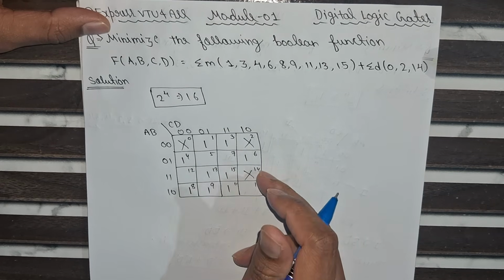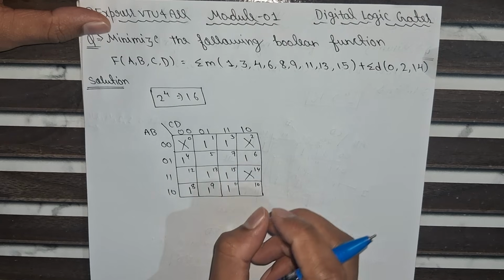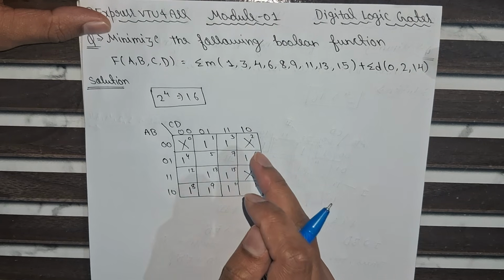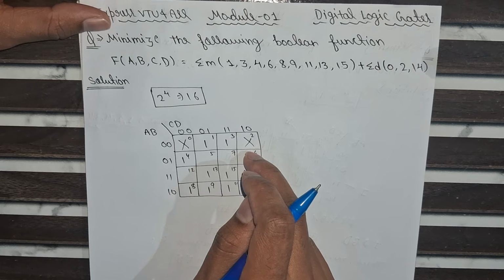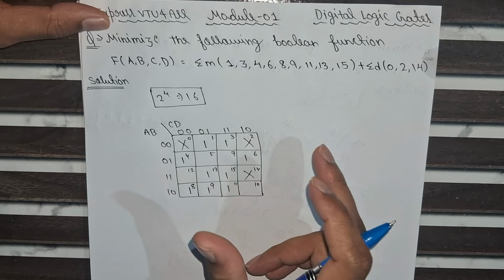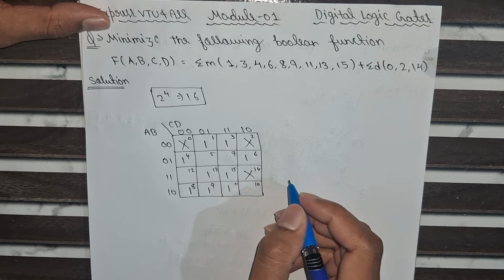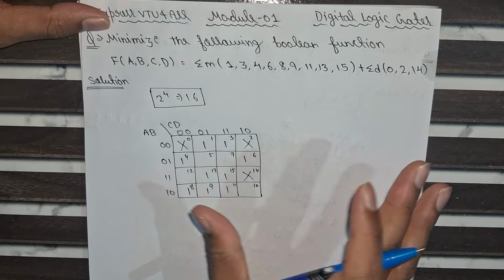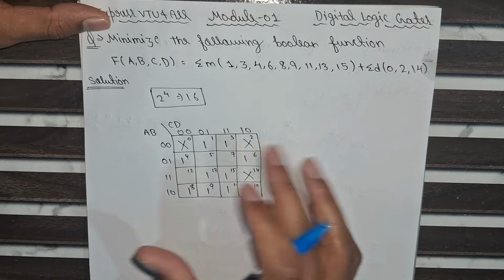These don't care values we only use when we need them for making the maximum number of groups. Meaning if by using this don't care value we can make a group of 4, we will use it, otherwise we will not use it. We don't care about them, that's why they are known as don't care values. The rest, 5, 7, 12 and 10, are not given, so we do not have to write anything, or else we can write 0, so we leave them here.